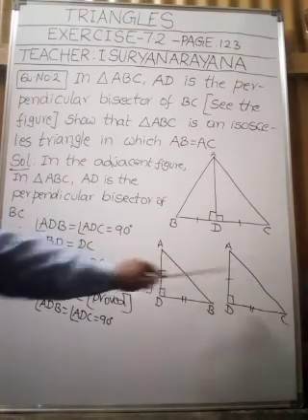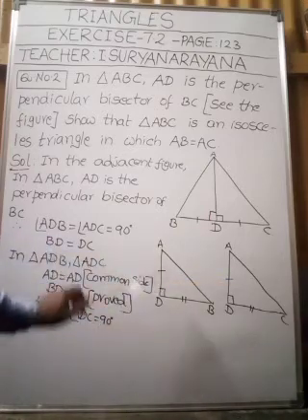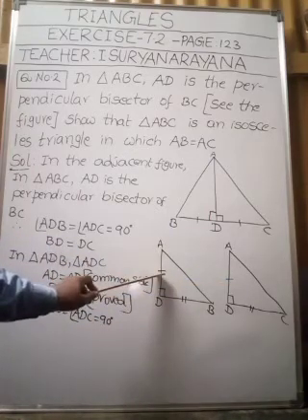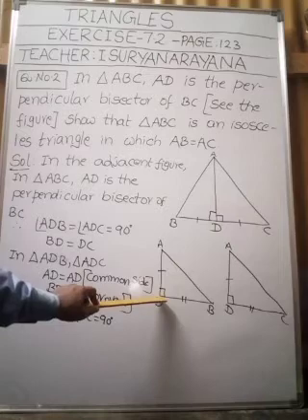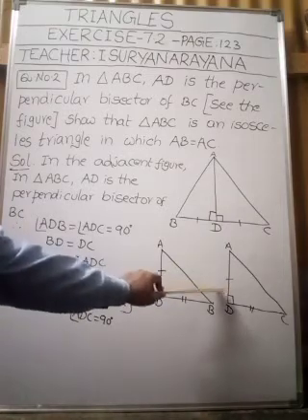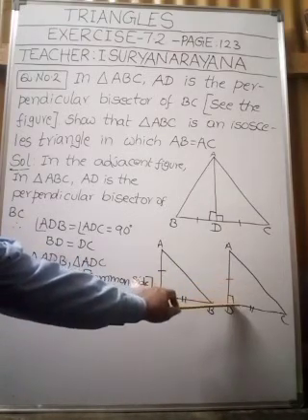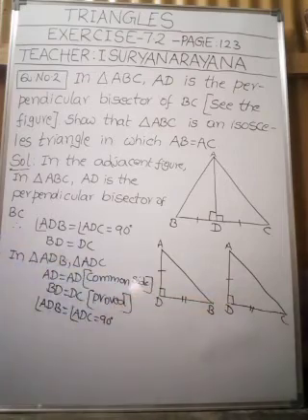So by observing these two triangles, two sides and included angle in this triangle are equal to the corresponding two sides and included angle in the second triangle. Isn't it or not, my children? Right. So what can you say about these two triangles? These two triangles are congruent.